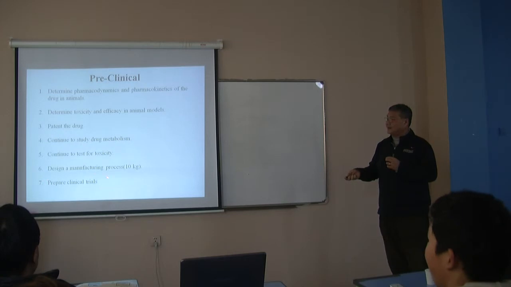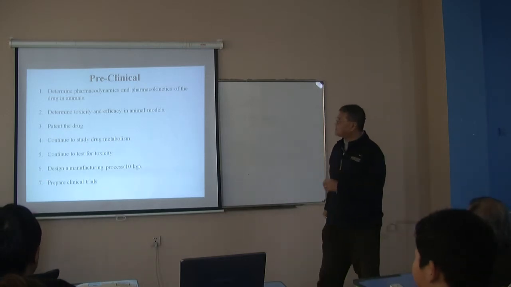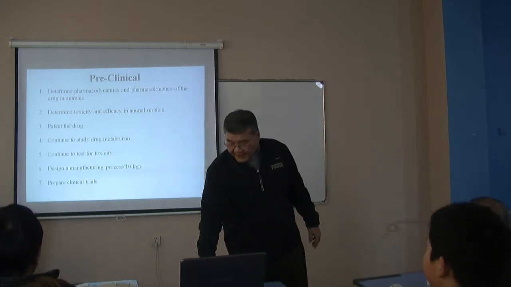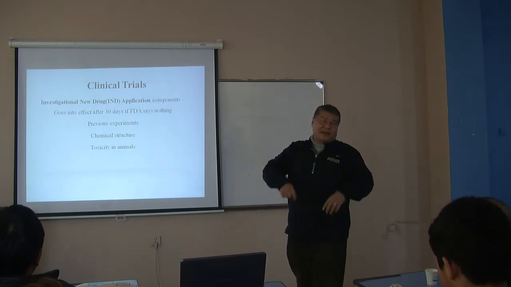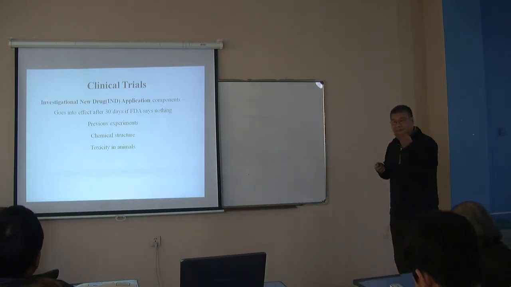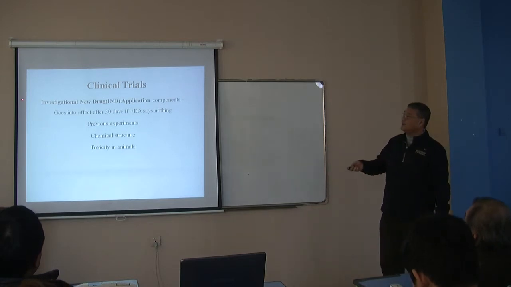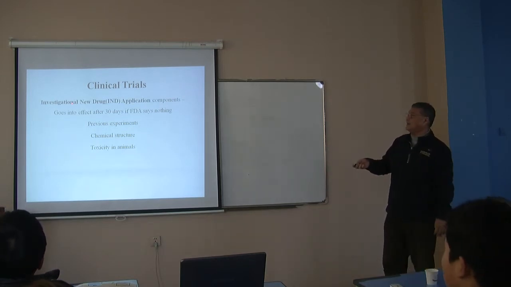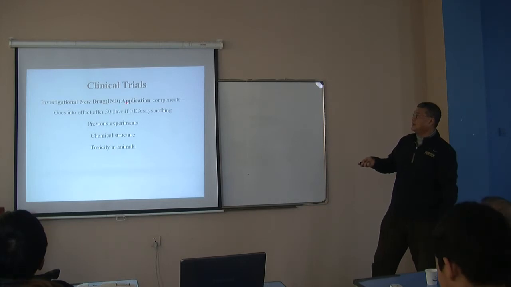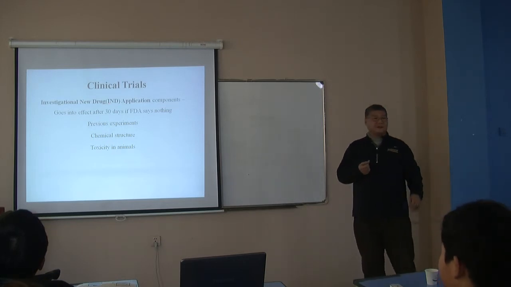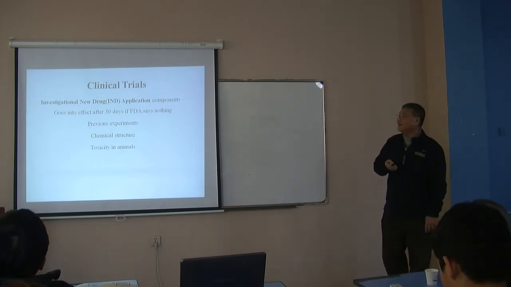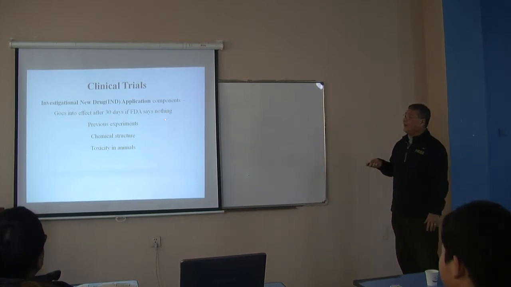And then we're going to go to clinical trial. The first thing you have to do is take all this information about animal study, drug efficacy study, and so on, and give it to the FDA as an investigational new drug application. You file to the FDA, and then you wait for 30 days.